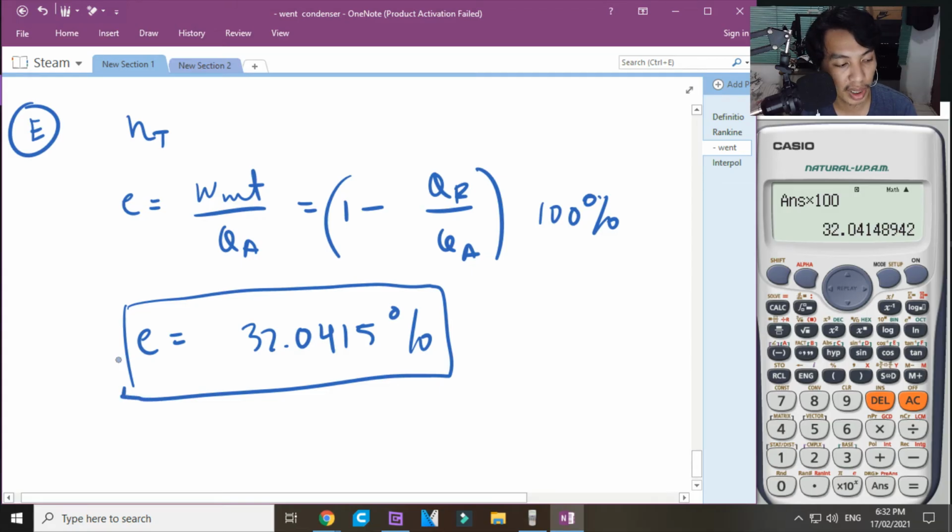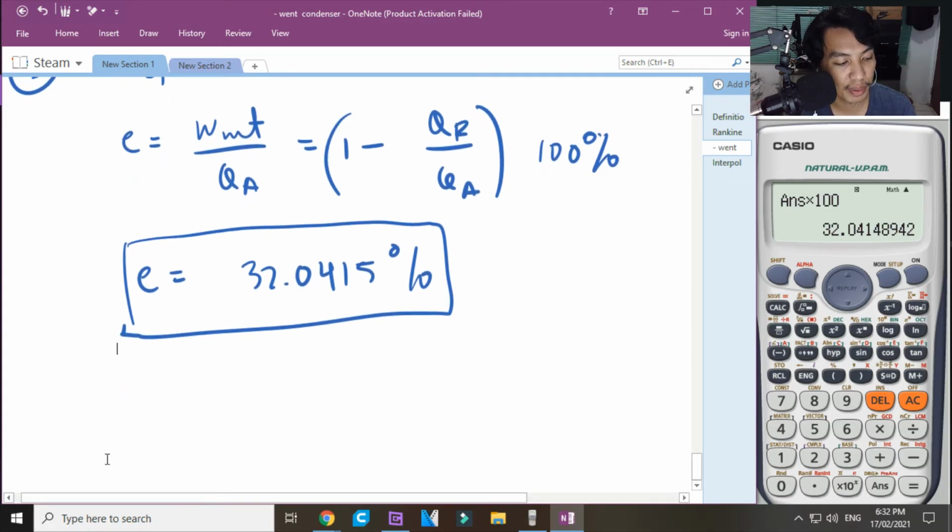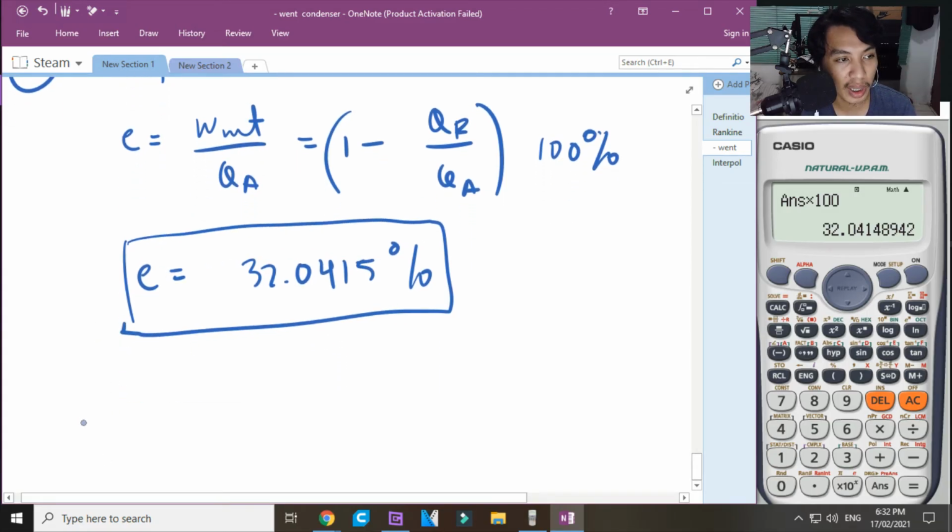Now, ang tinatanong dyan, for the Rankine engine. Syempre, engine nga, the work over EC. Ano ba yung EC? H1 minus H3. Work ng turbine, H1 minus H3. What is the work of the turbine?